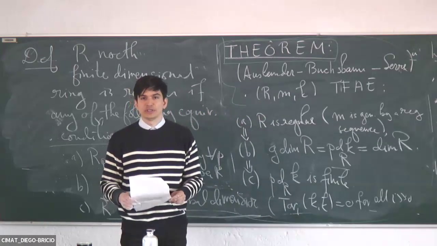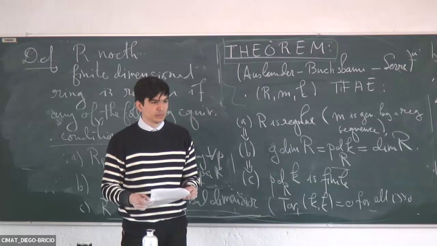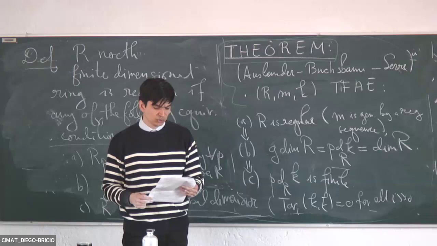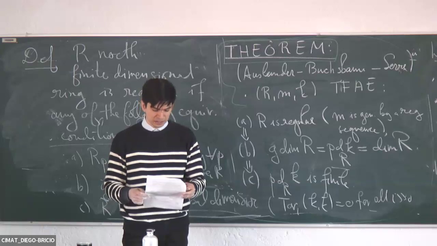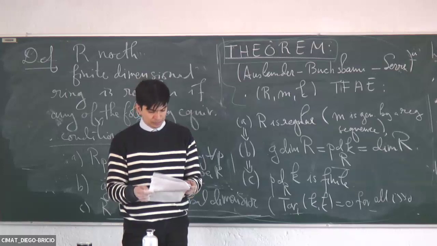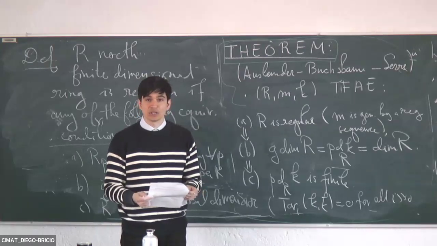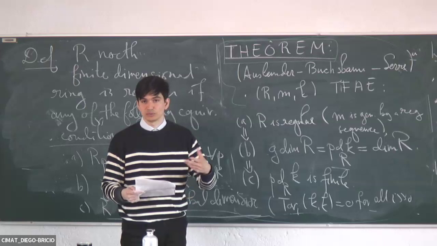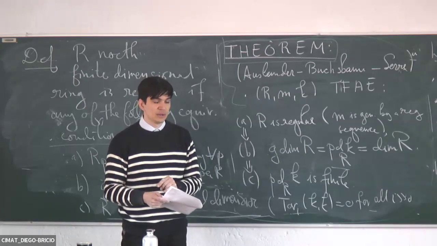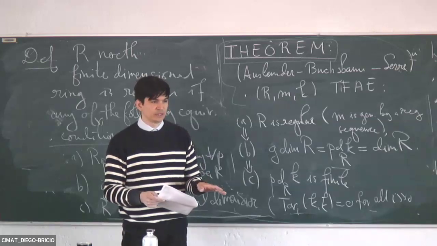So the only section we are missing for today is a section about complete local rings and the Cohen structure theorems. That's going to be a black box in this course. So I'm going to let you read them in the notes. Maybe next time I'm going to go super fast on that.